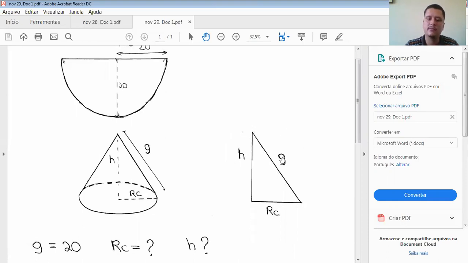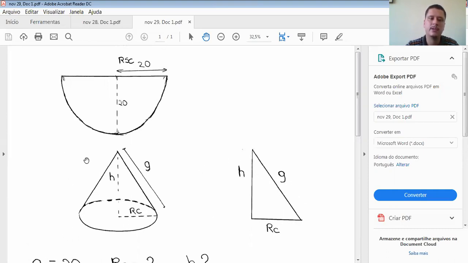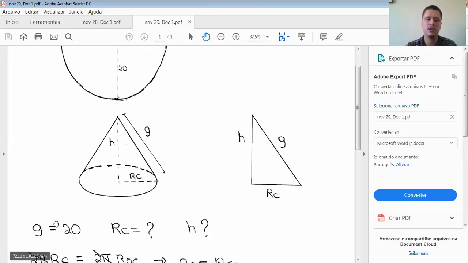If we have g and we have rc, we'll be able to calculate the height, which is our variable of interest. The g we already have. I already told you that the g is going to be exactly the radius of the semicircle. So g equals 20. We don't know rc. We need to calculate rc in order to reach the height h.